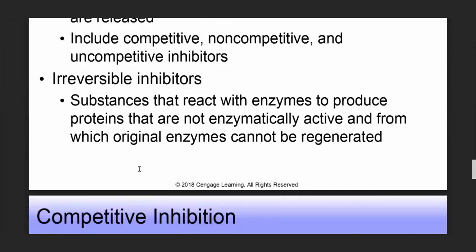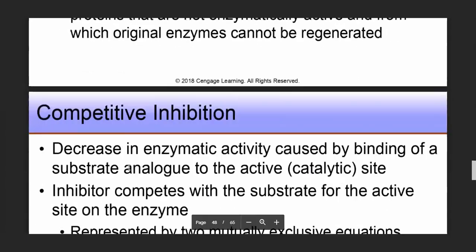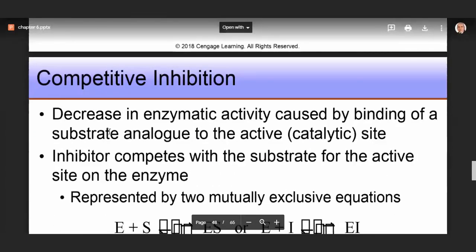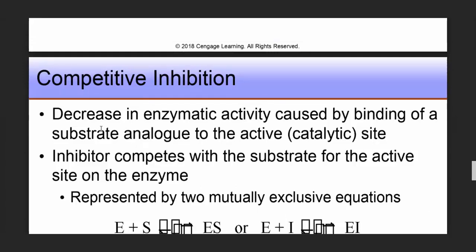Now let's start with the first type, competitive inhibition. This is the reversible type. Of the reversible types, competitive inhibition is the first one. Notice, in this case, the inhibitor can bind to the active site and block the substrate from binding to it.